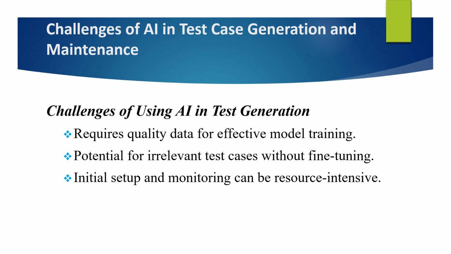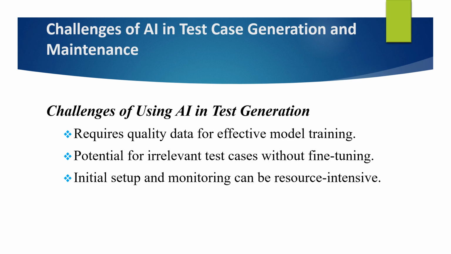Of course, like any technology, using AI in test case generation and maintenance comes with its own set of challenges. First, AI models require high-quality data to be effective, which means the initial setup can be time-consuming as you gather and prepare this data. Another challenge is that AI-generated test cases may sometimes be too generalized or fail to account for unique application-specific edge cases.